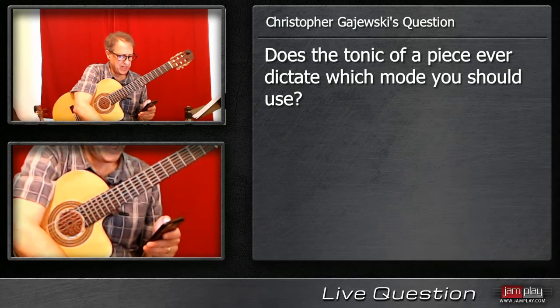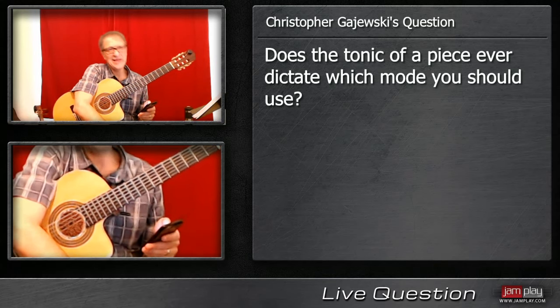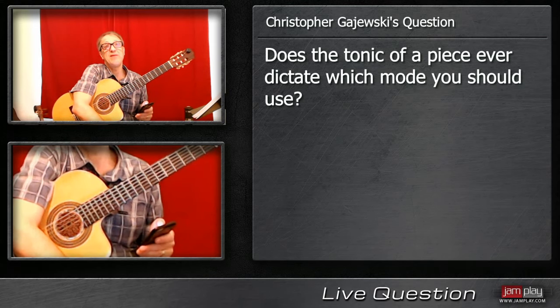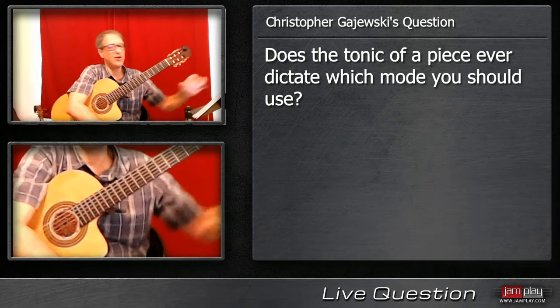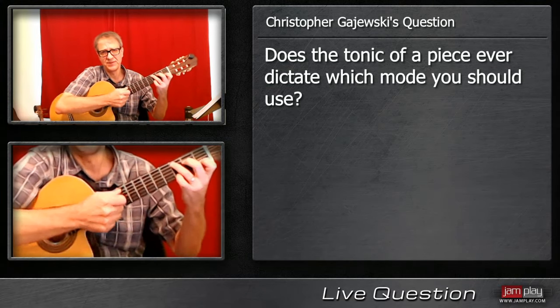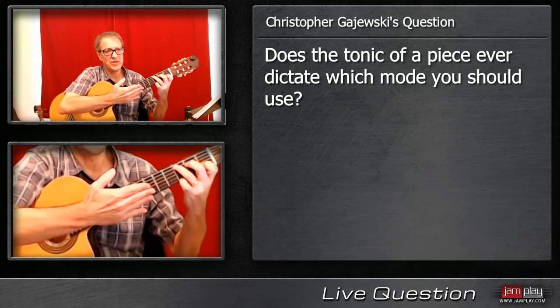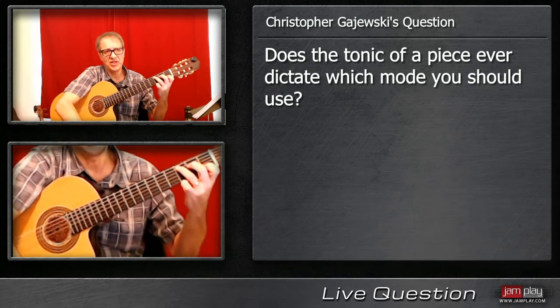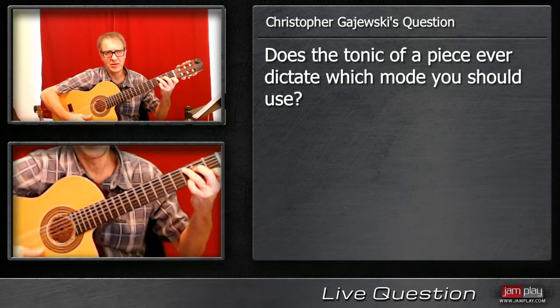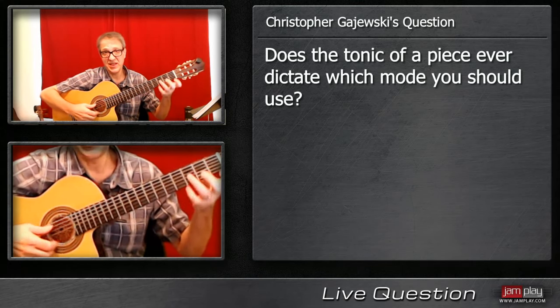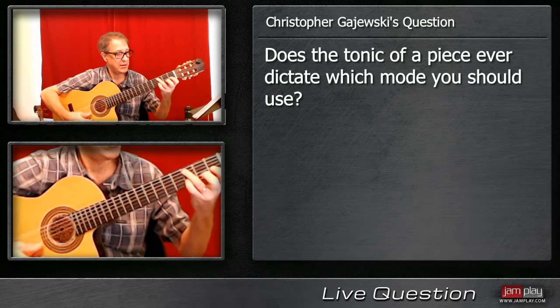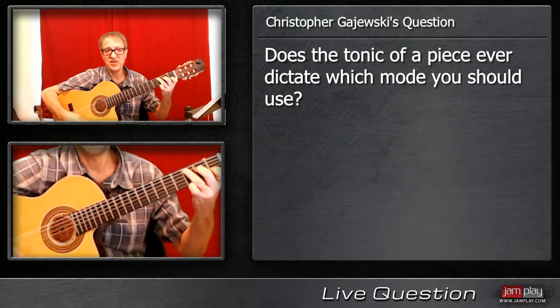The tonic of a piece can tell you maybe what mode you're in, but not necessarily, because if I only give you a C major, for example, just by knowing this is going to be the tonic, you still don't know if it's going to be C major, if it's going to be C Lydian, or if it's going to be C mixolydian.